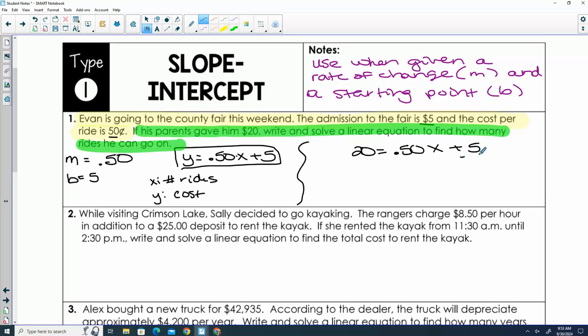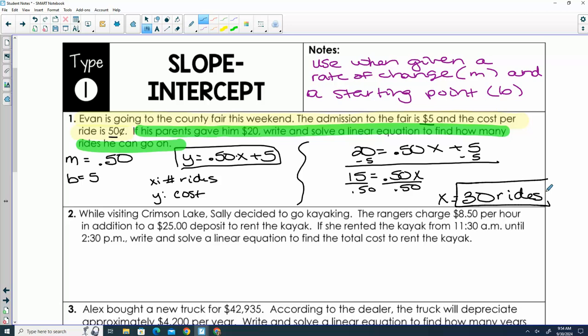So first we subtract over our 5. 15 equals 0.50x. Then divide by 0.50. So 15 divided by 0.5 is 30. And what did 30 represent? How many rides you took.